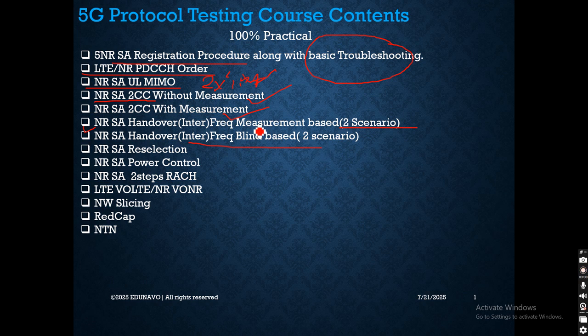In the same way for measurement based, we will see what configuration we need to do from the UE perspective, the gNodeB perspective, and whether we need to configure anything in the RAN or the IMS.